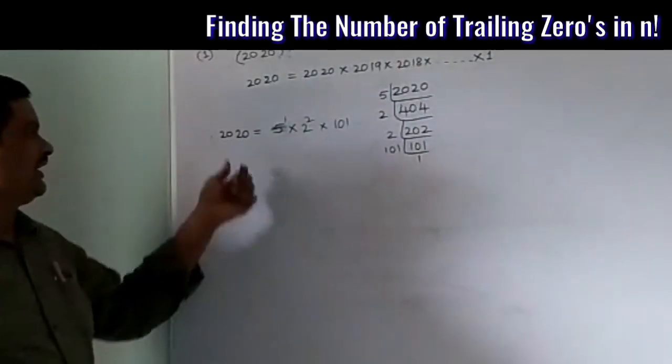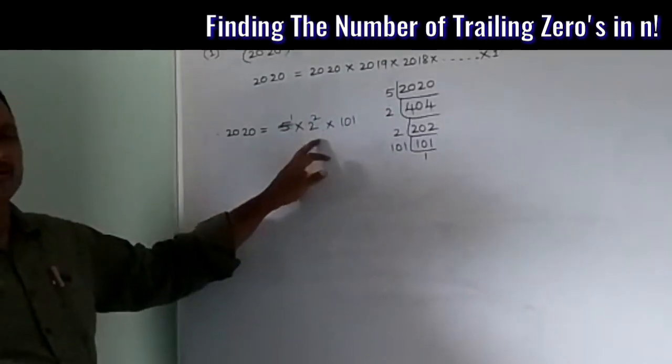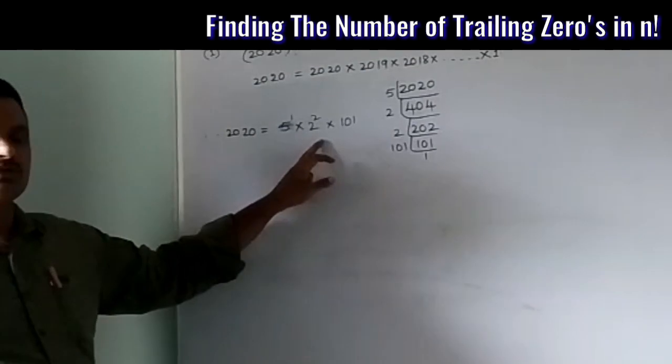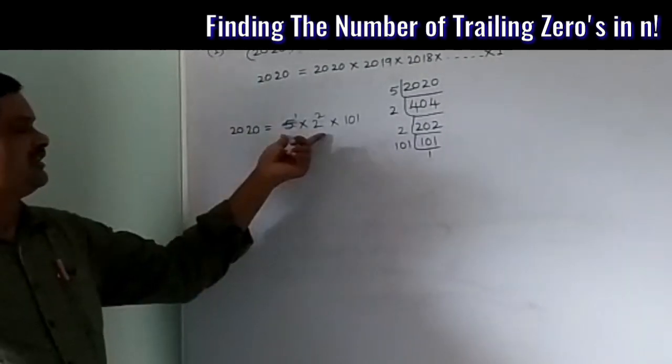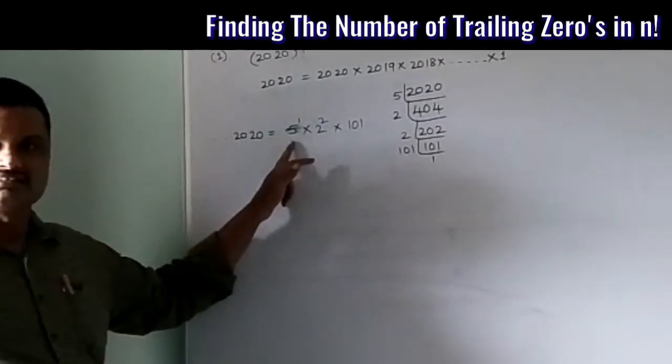The least exponent of these two primes is 1, hence the limiting factor of 2020 is 5.